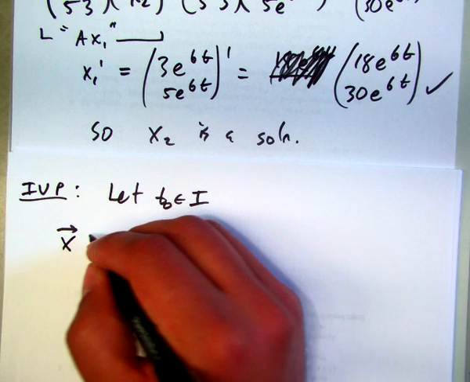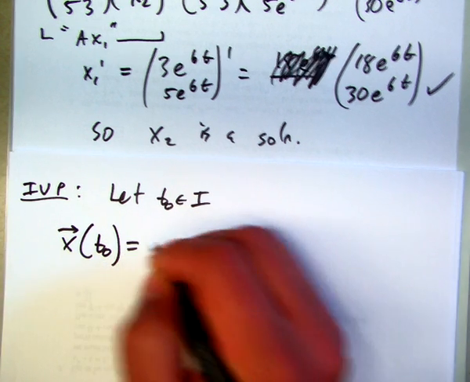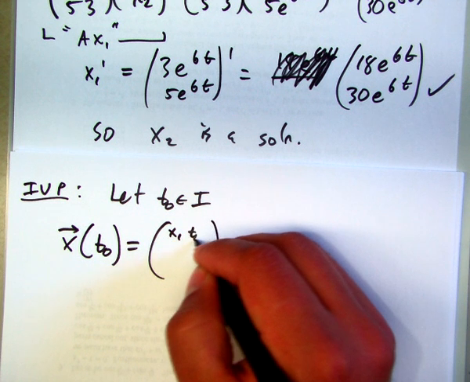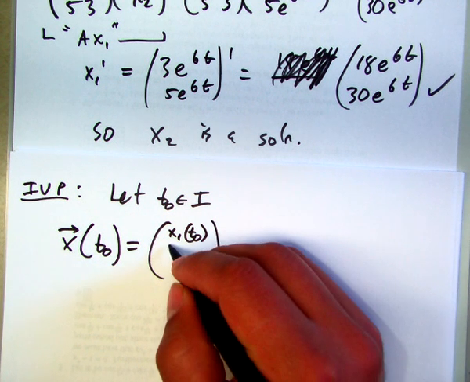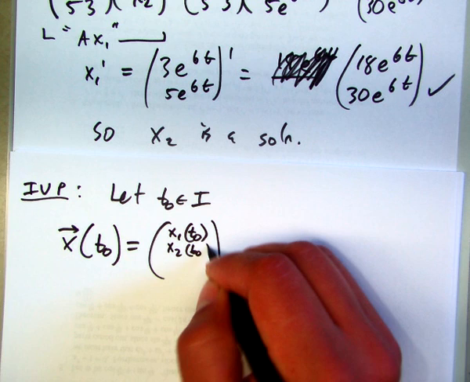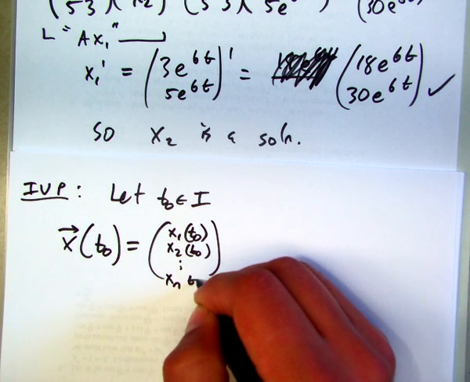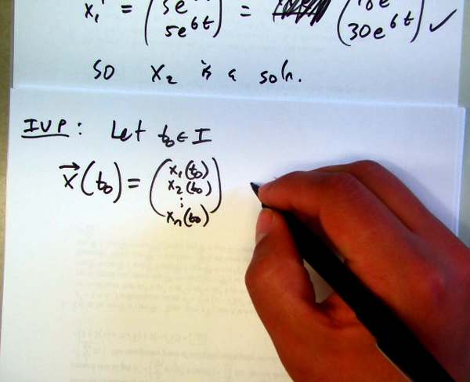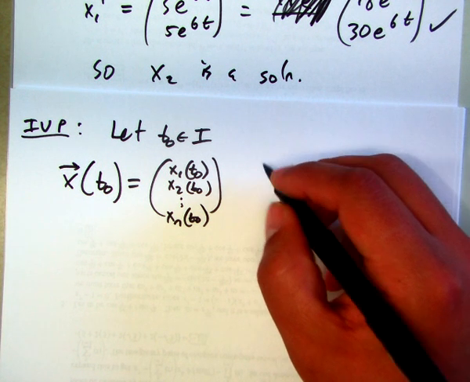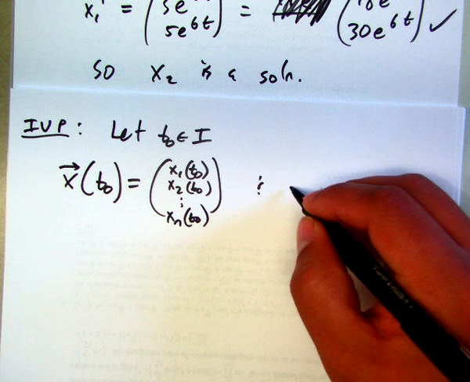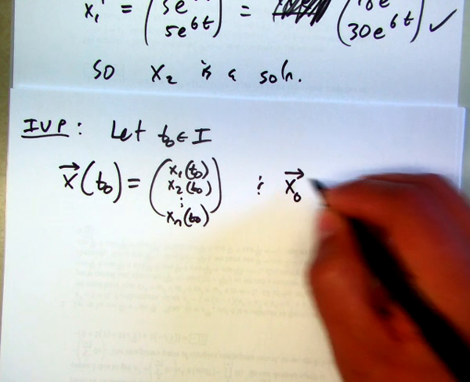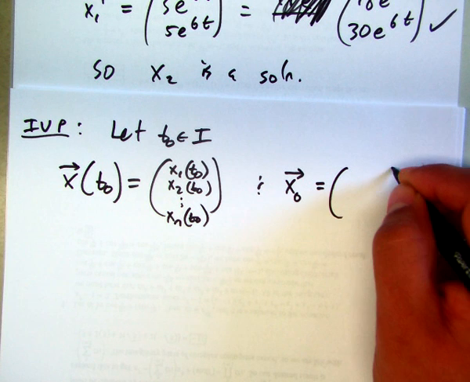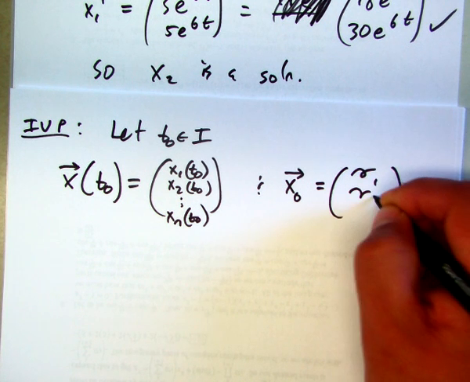And x of T naught is going to produce a column matrix, which is simply the entries when you plug in T naught into x1, x2, all the way through x sub n, and we'll let x naught equal gamma 1, gamma 2, and so on.